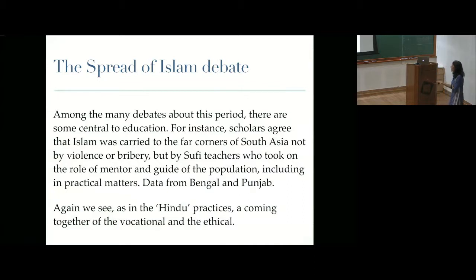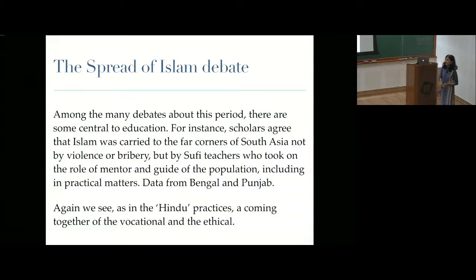Education meaning a very wide understanding of education, carried to all the corners of South Asia by Sufi teachers, peers they were called, and murids. They took on the roles of mentor and guide, including in practical matters, meaning in canal building and agriculture, and as therapists and so on for family and social issues.